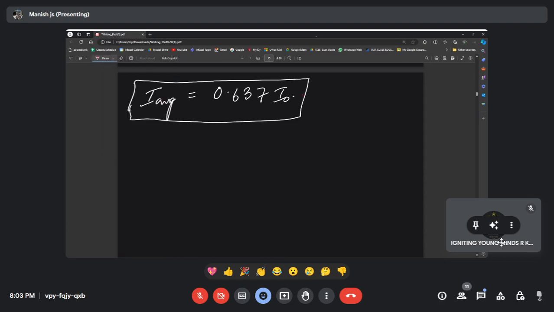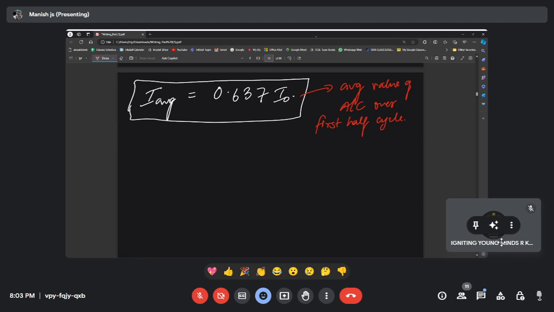You can directly compute the average value of current over the first half cycle. So average value of AC over first half cycle, for that, this is the value that you will have to keep in mind.